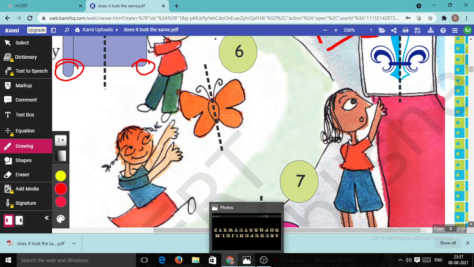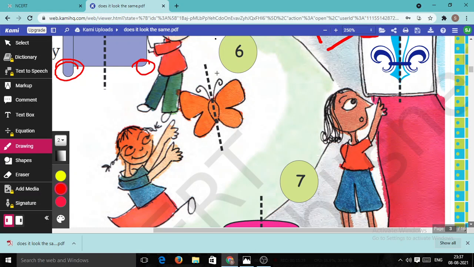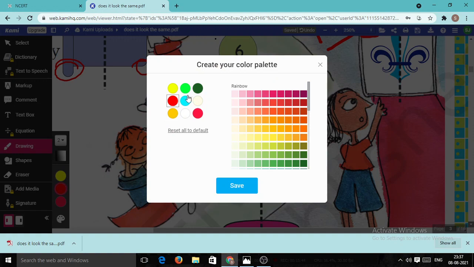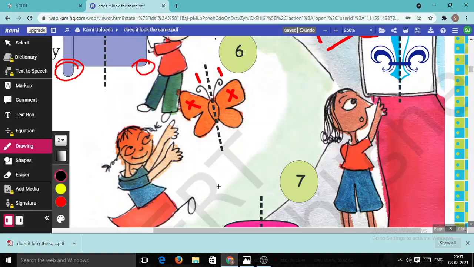This line divides it, this one matches with this one, this one matches with this one, and again this one matches with this one. So these two pictures are the same, because in a butterfly both the wings are the same on the same side. So that's why we write here yes.